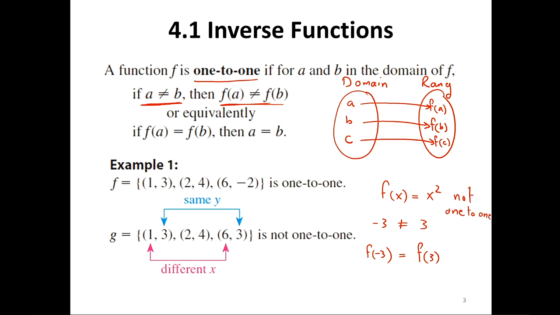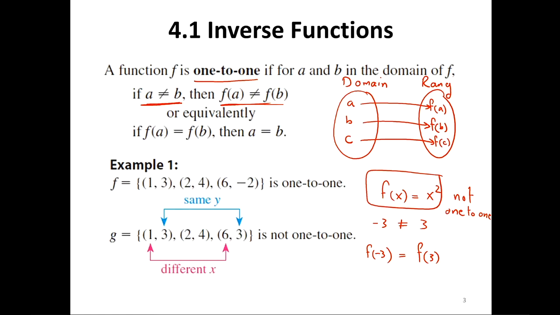Why? Because we have two different values of x, but the same value of f of x. -3 is not equal to 3, but f(-3) equals 9 and f(3) equals 9. So f(x) = x squared is not one-to-one.